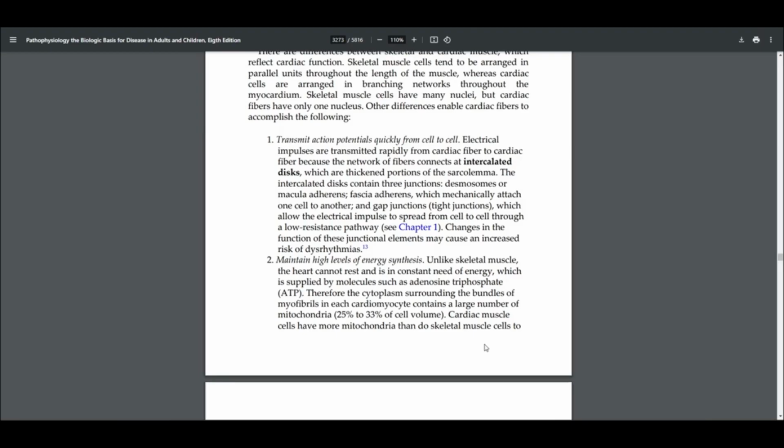The intercalated discs contain three junctions: your desmosomes, or macula adherens, your fascia adherens, which mechanically attach one cell to another, and the gap junctions, or tight junctions, which allow the electrical impulses to spread from cell to cell throughout a low resistance pathway. Changes in the function of these junctional elements may cause an increased risk for dysrhythmias.